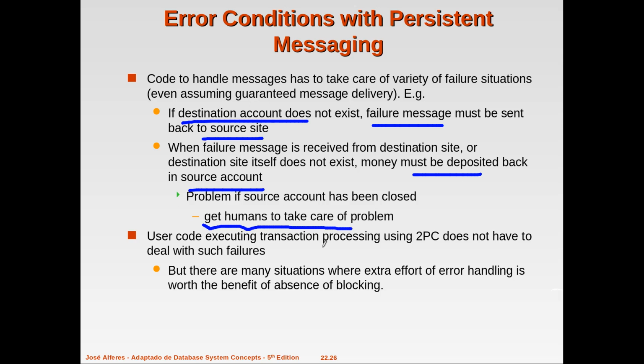The user code executing transaction processing using 2PC does not have to deal with such failures, but these issues cannot be resolved by the two-phase commit protocol. There we use the persistent messaging mechanism for providing better distributed transaction operation.